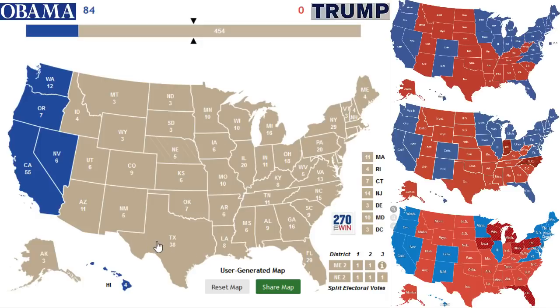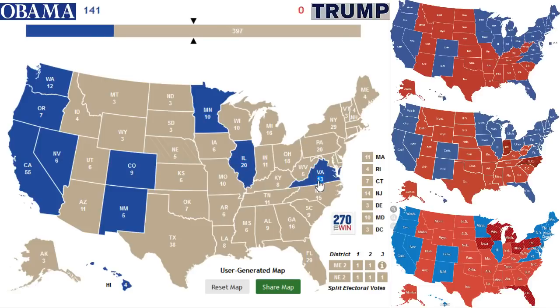And that would definitely allow him to have either similar or more success in basically every state across the country. So moving on here, Nevada, New Mexico, Colorado, Minnesota, Illinois, and then Virginia, District of Columbia, Maryland, Delaware, New Jersey, Connecticut, Rhode Island, Massachusetts, New York, Vermont, New Hampshire, and Maine.